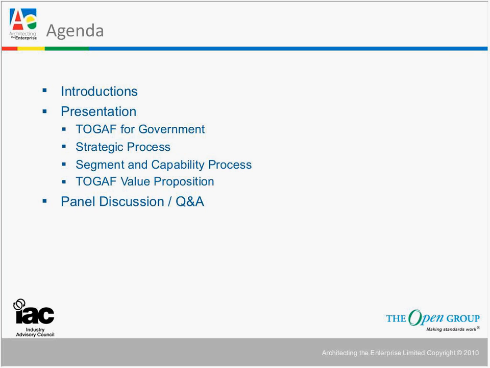We'll talk about the strategic process, being an architecture at the strategic level, and coming down to the segment and capability or solution level, describe the process at that level, and then talk about the value proposition for TOGAF for government. We'll have a panel discussion, Q&A.